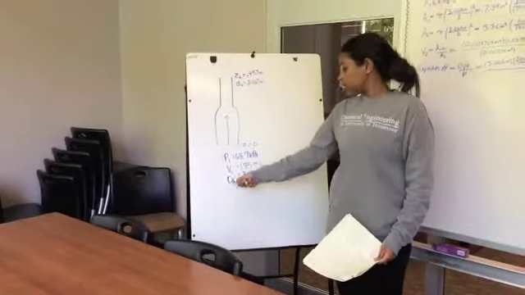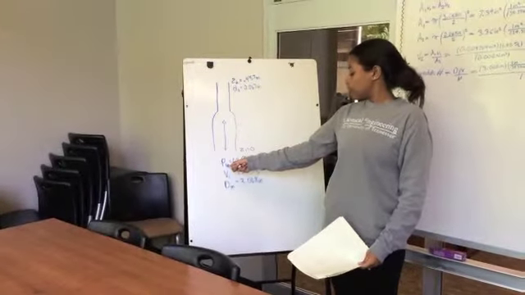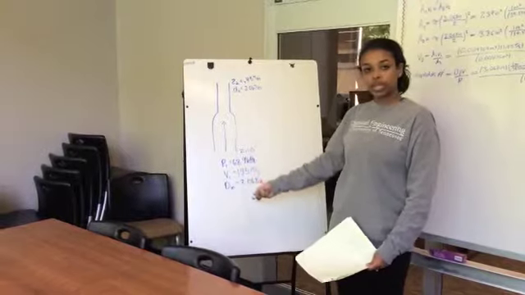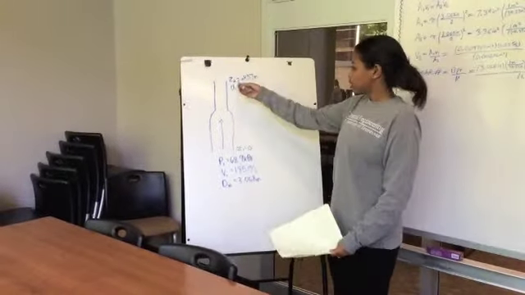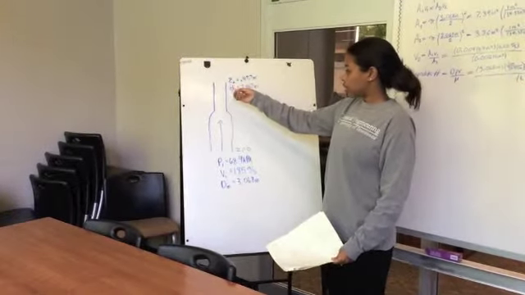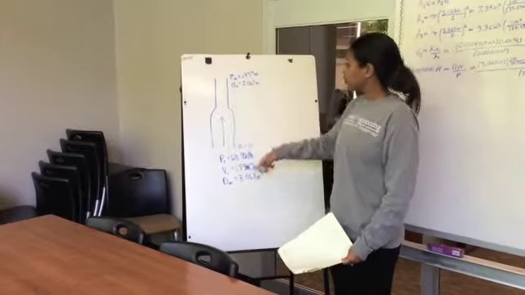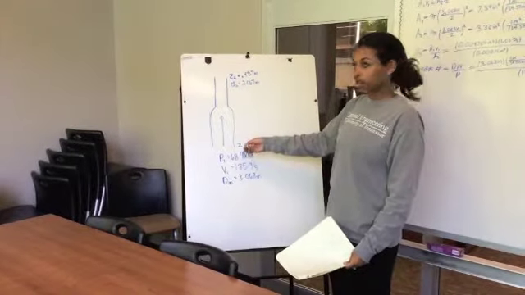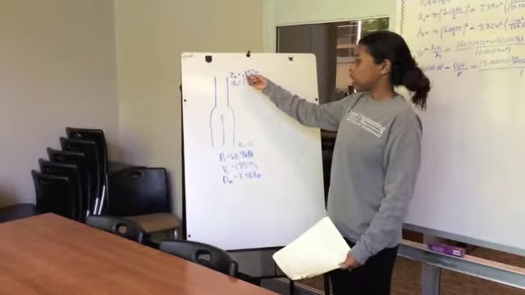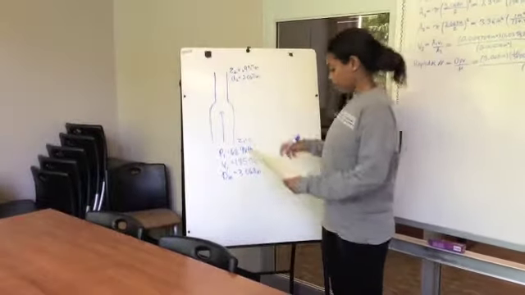Our diameter and velocity and pressure going in will all stay the same from part A, and so will our diameter out. Our Z1 will be 0 and our Z2 will be the height that was stated in the problem.